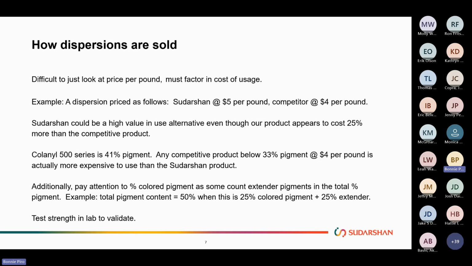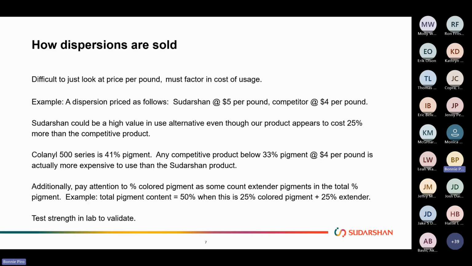Is it just the colored pigment, or are they counting any extender pigments that might be in that formulation? If you see that the total pigment content might be 50%, maybe that is 25% colored pigment and 25% extender. You can test that via strength in the lab to validate that comparatively.